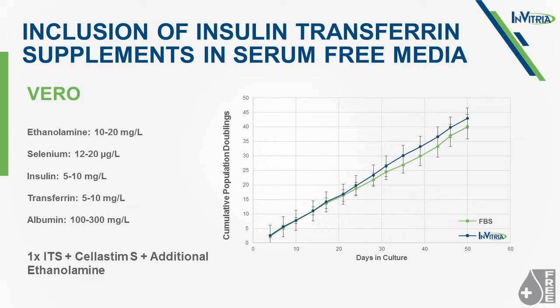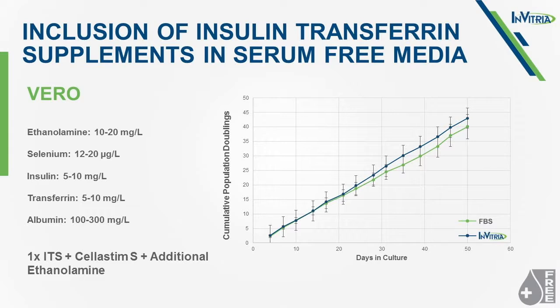Given the optimal concentration ranges of each of these components for Vero cells, we decided to actually incorporate the ITS product instead of ITSE. The reason for this is that Vero cells prefer very high levels of ethanolamine. Since ethanolamine is only present at 2 mg per liter final with ITSE as a 1X, a really high inclusion level of ITSE would be required.